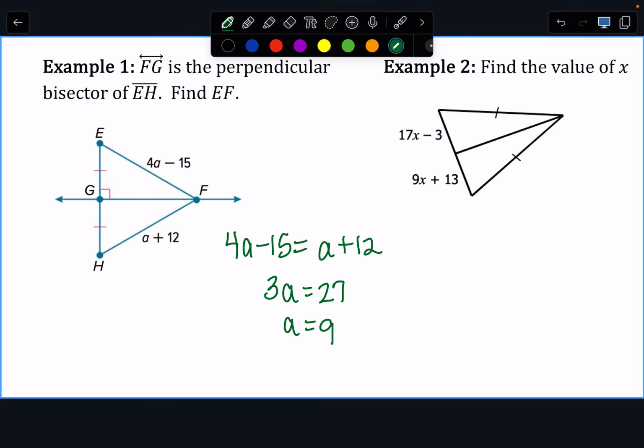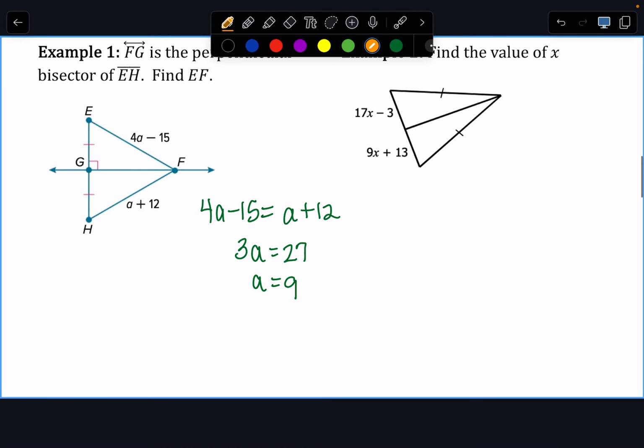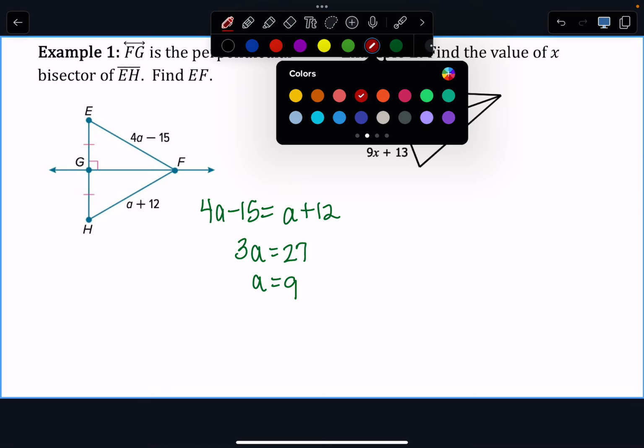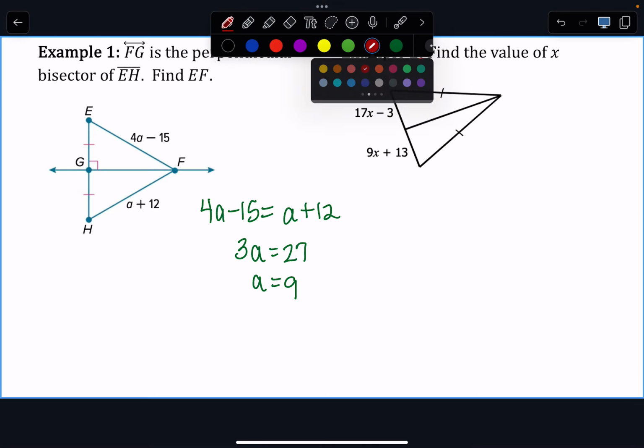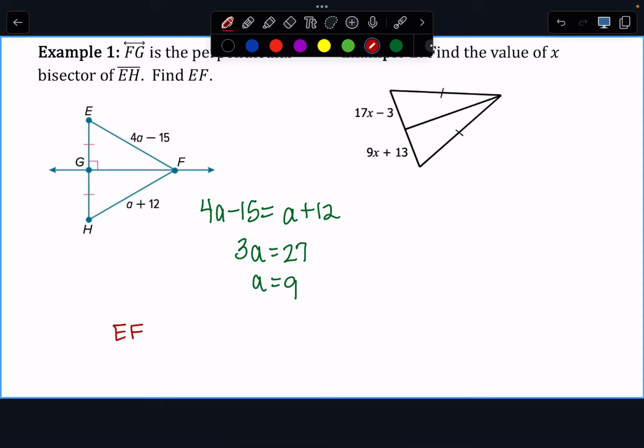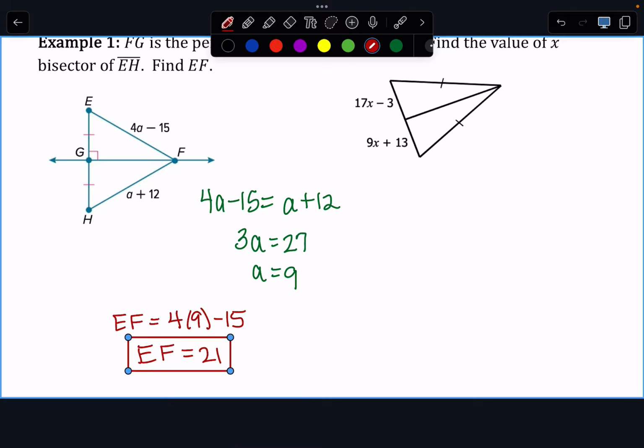Is that what I'm asking you to find, though? I'm asking you to find EF. EF is what? 21. No. If it's a measurement, we have a unit.